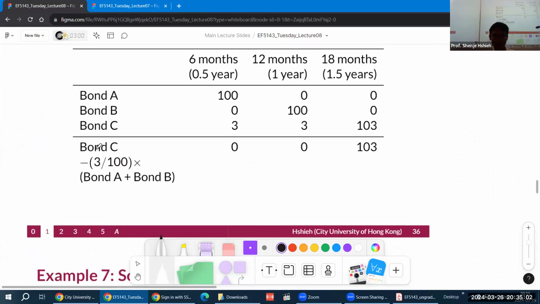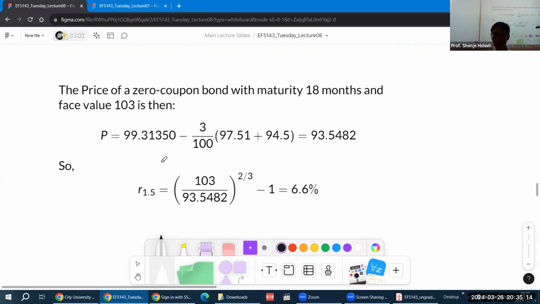Okay, so this is exactly what I did, right? Bond C minus everything else, 3 over 100. This will create this synthetic zero coupon bond that has 1 bullet payment. And you just use the bond pricing methods for 1 bullet payment at 1.5 years to solve for R1.5.